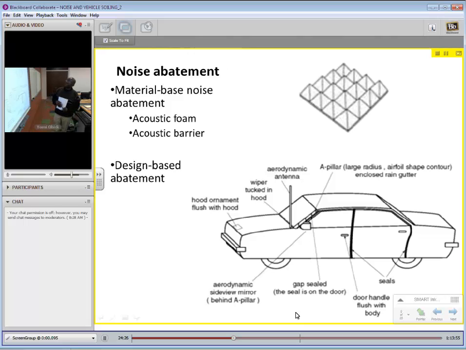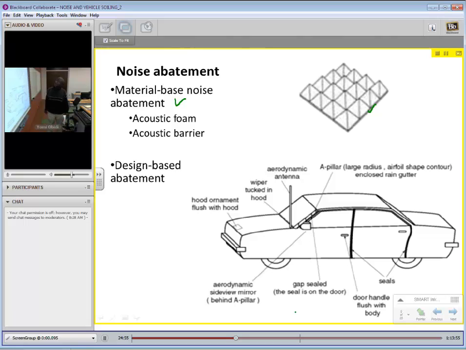Well, there are a number of choices. Not really one choice per se, but we use a combination of choices as we look at the different sources. One way we can implement noise abatement is by using a material that reduces noise tendency, something like an acoustic foam.